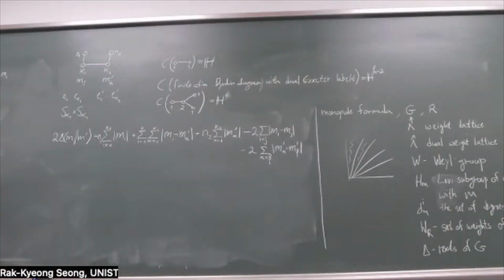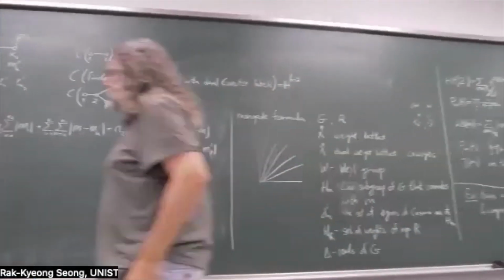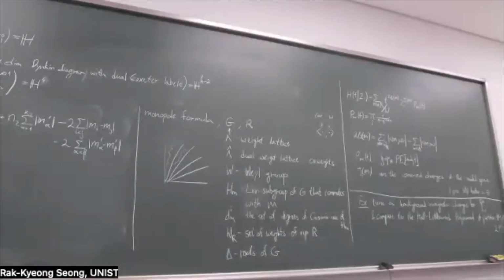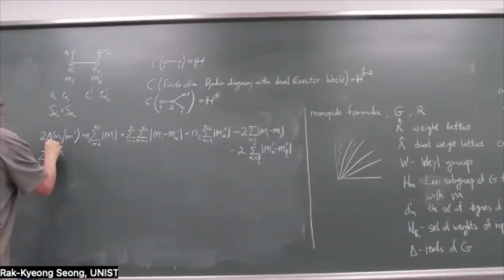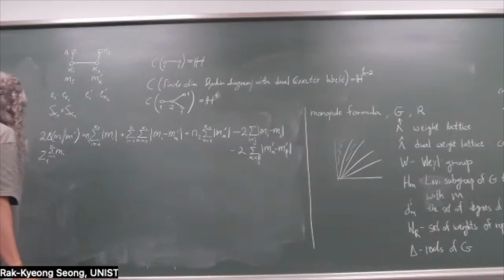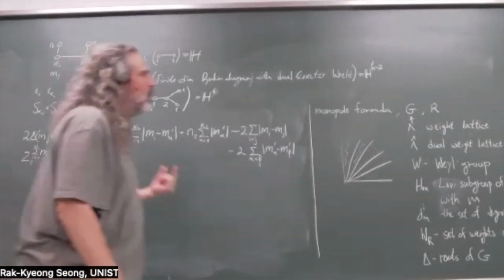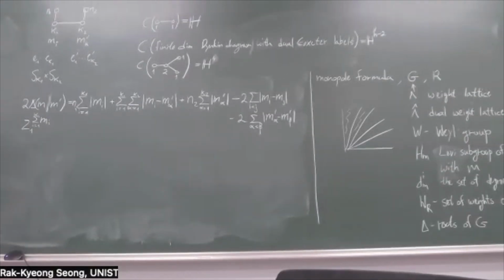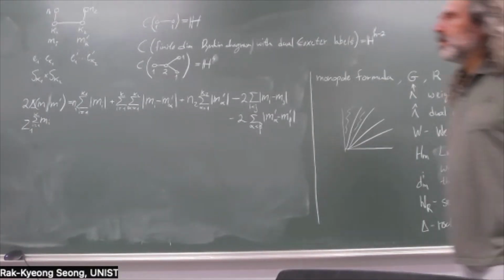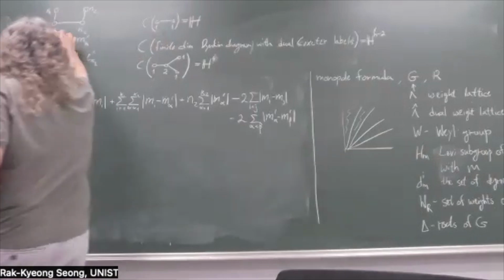There are 2 fugacities here. So there will be z_1, and z_1 will be to the power sum of m_i. Right, so this is J, what we call J. And there is a z_2, one for this and one for this.